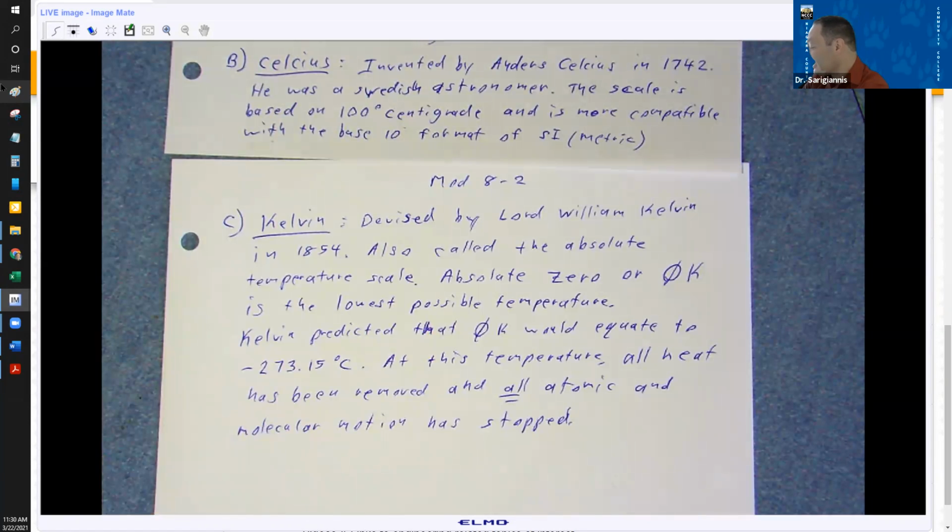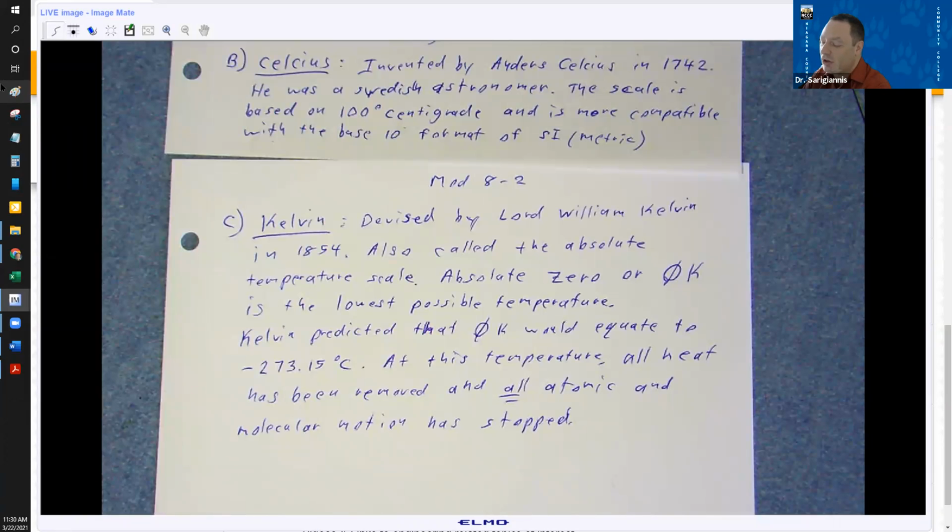There are a lot of relationships in thermodynamics that depend on knowing the absolute temperature. And the absolute temperature is a direct reflection of the total amount of energy, because at 0 degrees Kelvin there's no energy left in the object, which is different for Celsius and Fahrenheit, right?